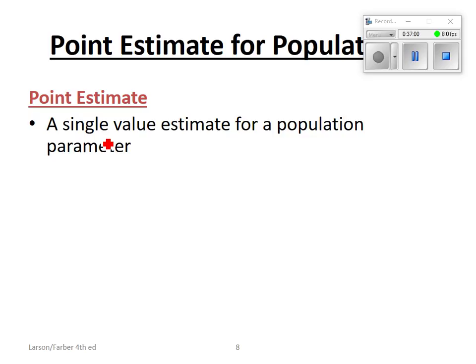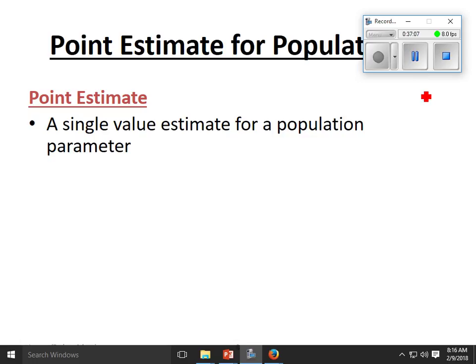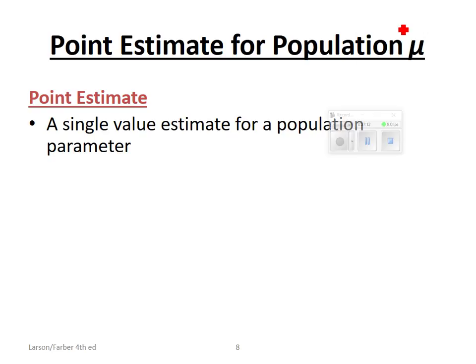All right, well, we're going to start with a point of estimate, and we're going to start with means. Point of estimate of a mean. We're also going to talk about standard deviation and variance.